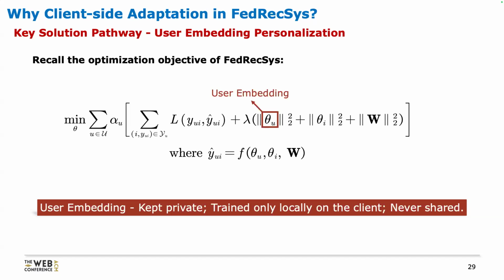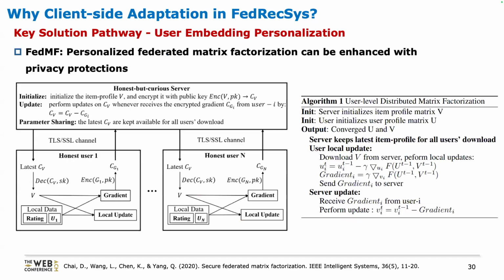As you recall, users have inherently different tastes, which causes a one-size-fits-all model to often struggle under heterogeneous data. As we just discussed, the most fundamental approach is simply training user embeddings entirely locally and never sharing them.